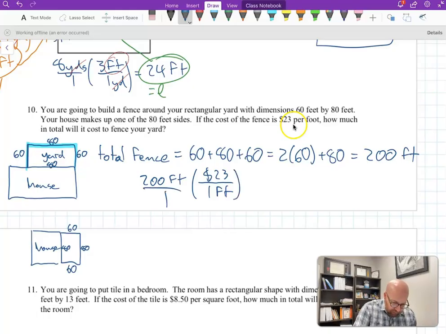Notice that our units of feet will cancel out. Let's take our calculator out. Actually, I don't need my calculator. 23 times 2 is going to be 46. We're going to add in a couple of zeros. 4600. The total cost is going to be $4,600.